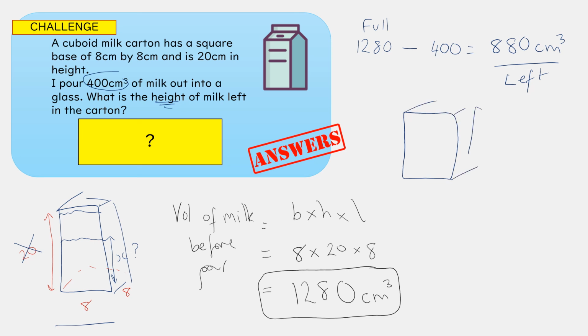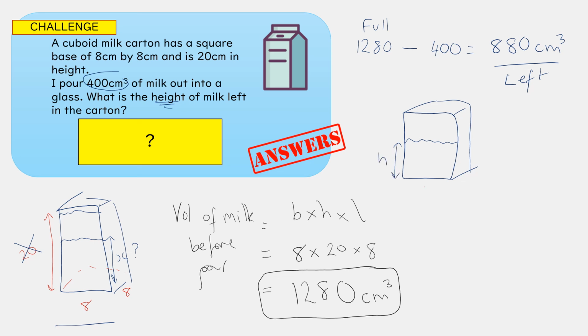Oops, let's just get rid of that line. Okay. So our milk carton started off full, but it's now at this height here. We don't know what that height is, and that's what we need to work out.